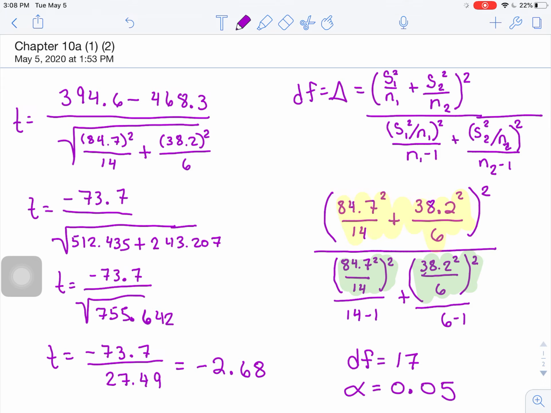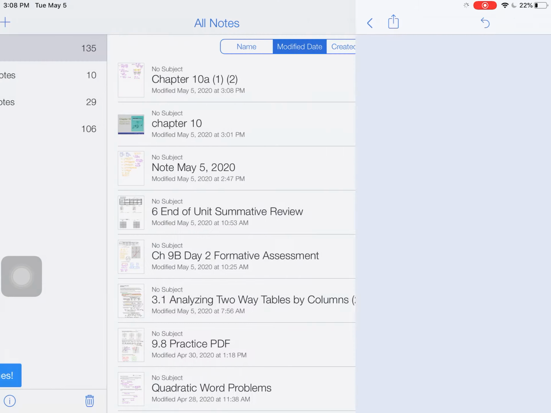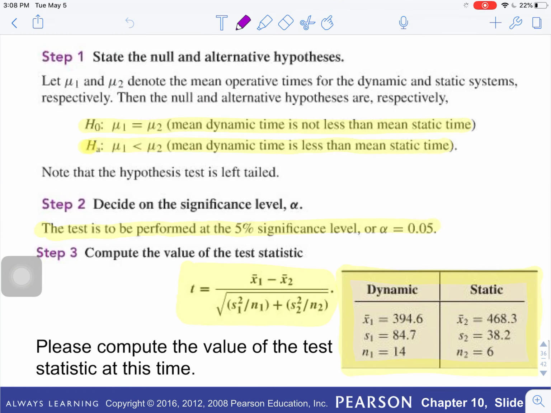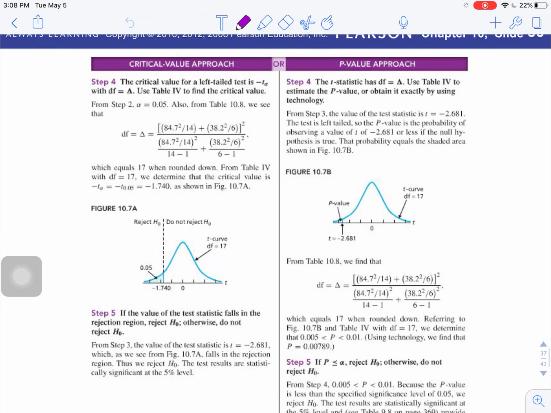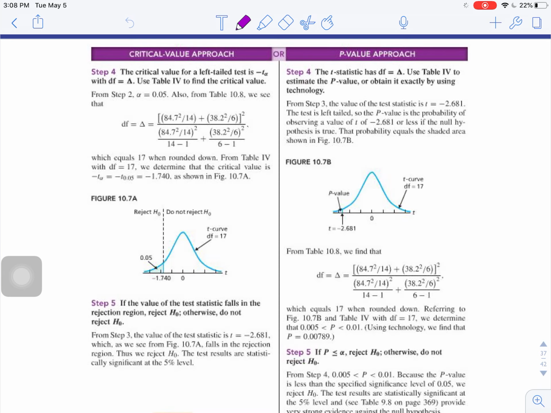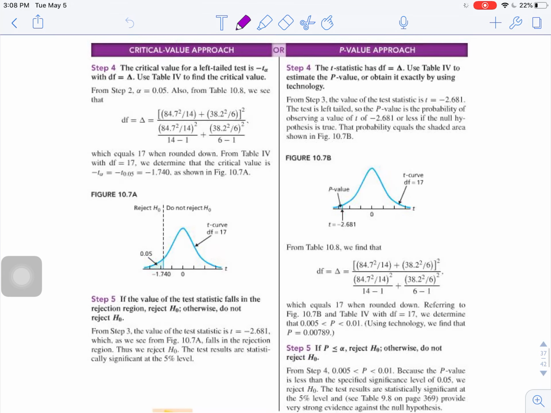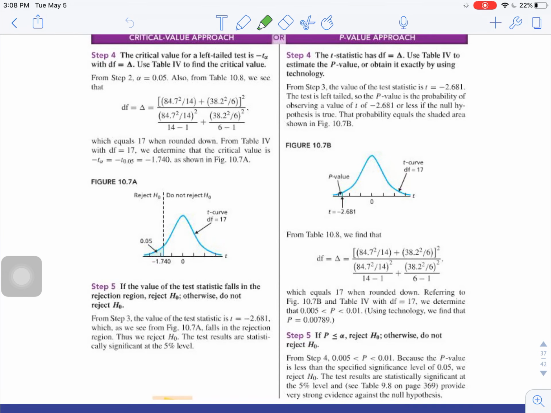Alpha is going to be 0.05. And when you do that, we have to make the comparison because here it shows you at 0.05 with a DF of 17.